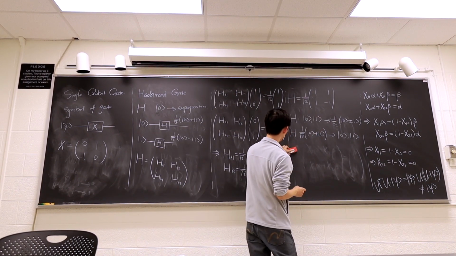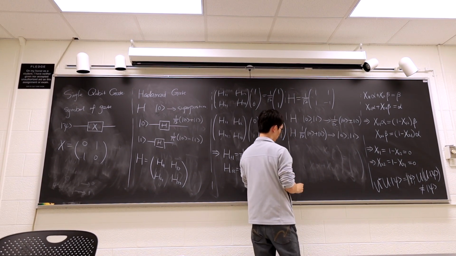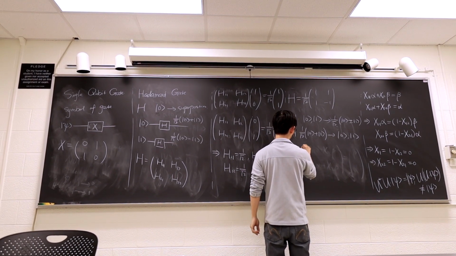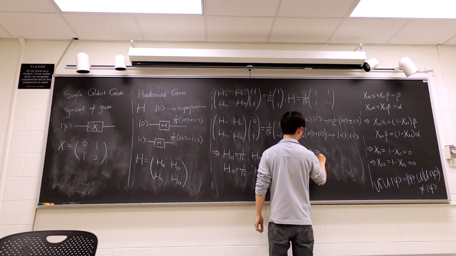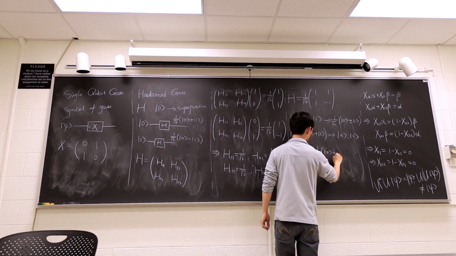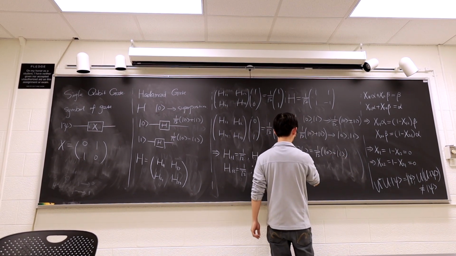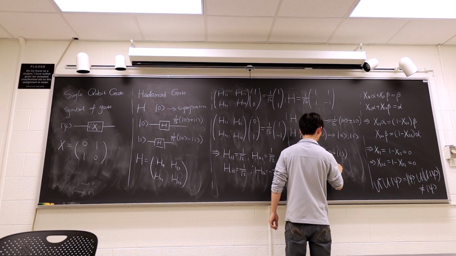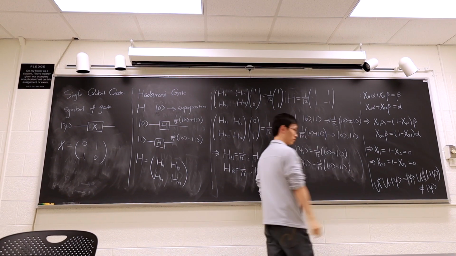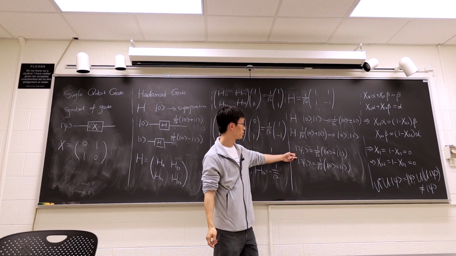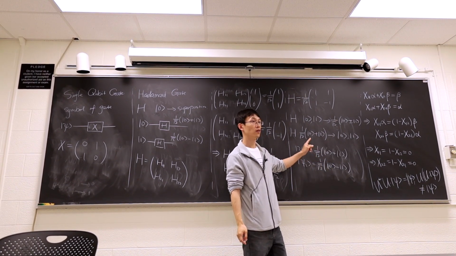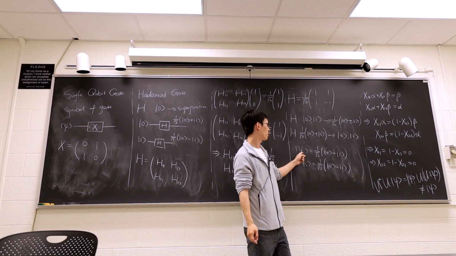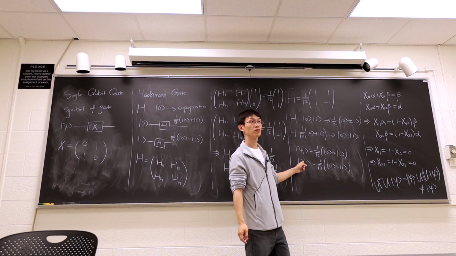Suppose you know the output of your computation can only be in 2 states. One is this, the other is this. If you measure these states directly, you cannot tell the difference between these 2.